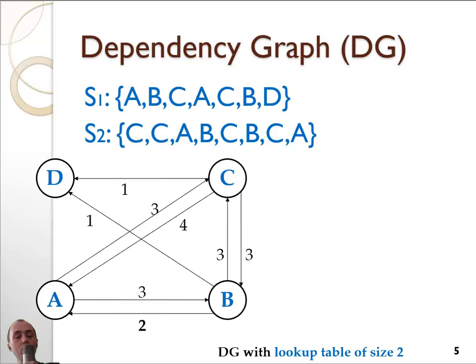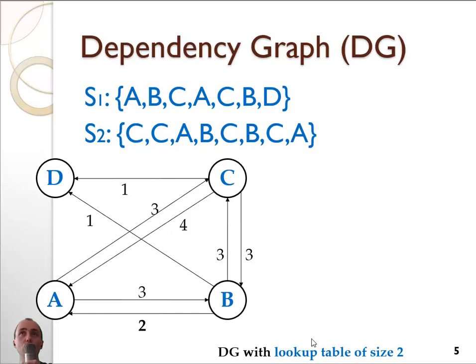Okay, another approach that has been used is the DG, the Dependency Graph. This is another very simple approach that I will explain here. We have a first sequence: A followed by B, followed by C, followed by A, followed by C, followed by D, followed by D. And we have a second sequence: C, C, A, B, C, B, C, A. Now we want to build a model to do some prediction.